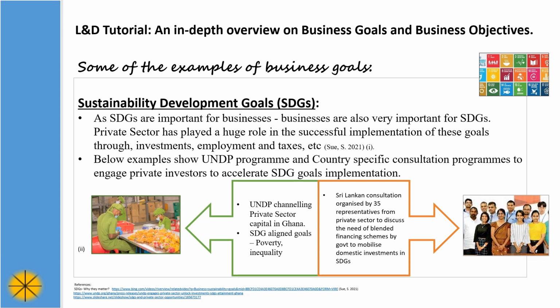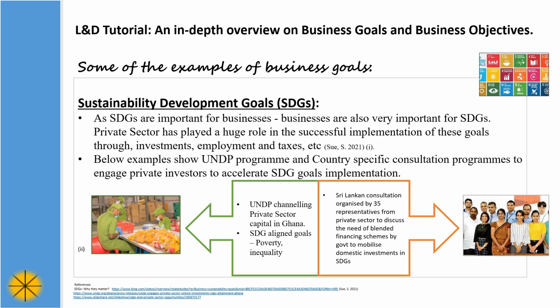As SDGs are important for businesses, businesses are also very important for SDGs. Private sector has played a huge role in successful implementation of these goals through investment, employment, taxes, product flow, economic flow, etc., so that work can be done in communities.